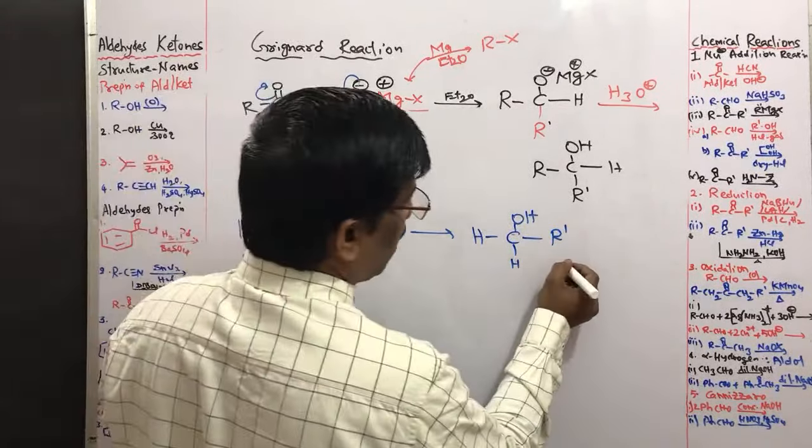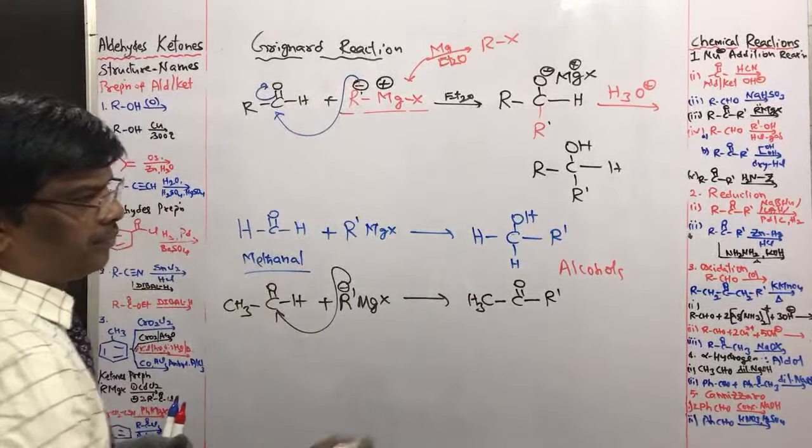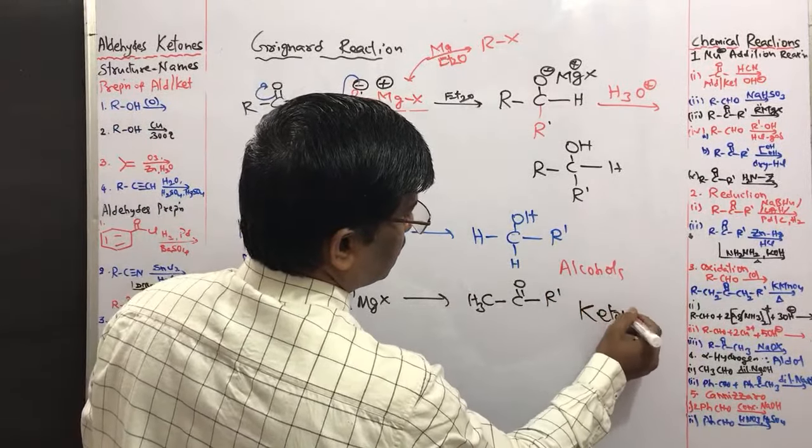CH3 acetaldehyde, and when I do the RMgX reaction, it is going to add to here, and I am going to get a secondary alcohol.